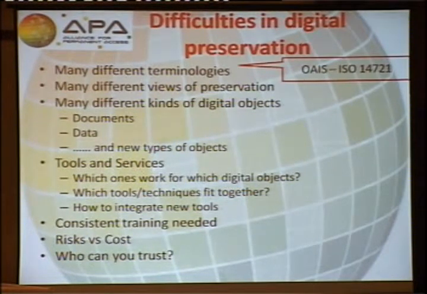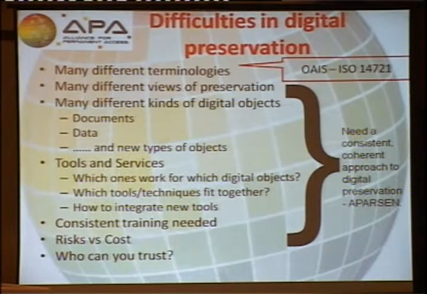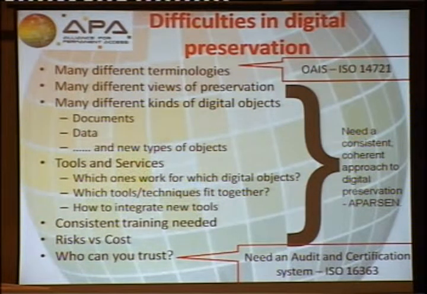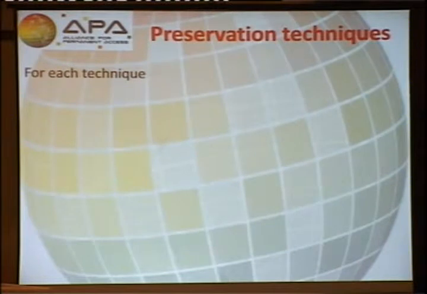So we have a number of useful things to hand. OAIS gives us some concepts. I'll show you in a few slides the answer to the bulk of these questions that we've come up with in PARSE.Insight, and you've heard a lot about the ISO 16363 standard.